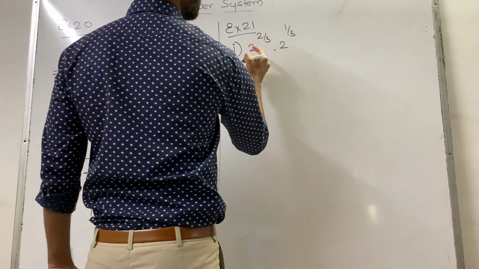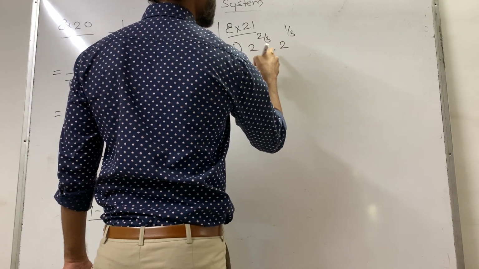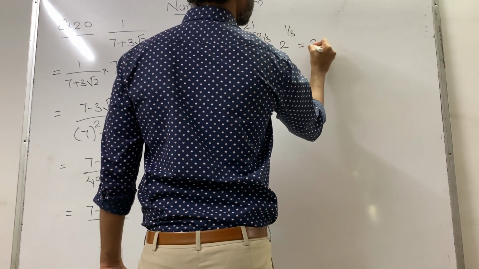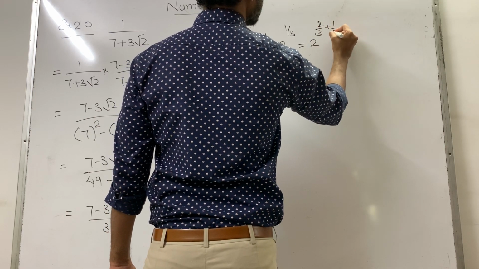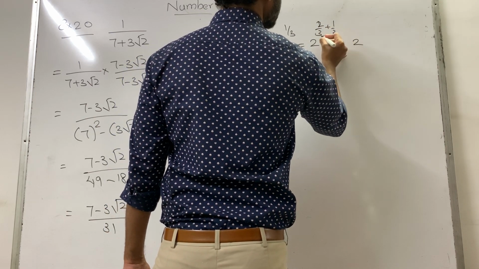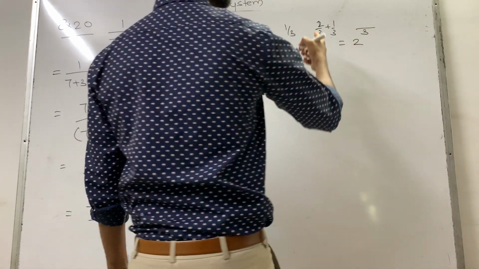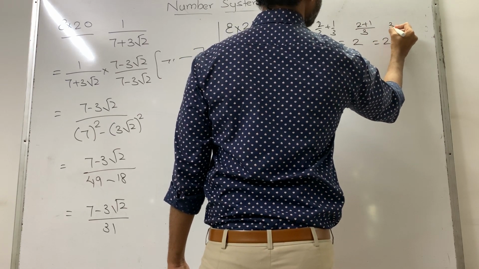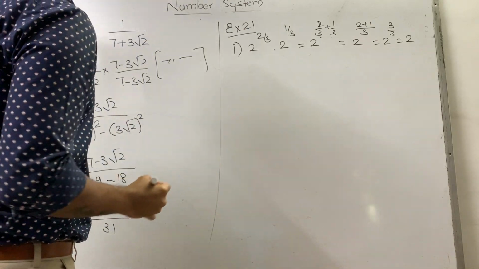We observe that the bases are same. If bases are same in multiplication relation, what we do is we add the power. So you can write this as 2 raised to 2 by 3 plus 1 by 3. Now what is the LCM of 3? 3 in the denominator, LCM is 3. So in the numerator you will write 2 plus 1. So this is 3 by 3 and 3 by 3 is 1. So your answer is 2.